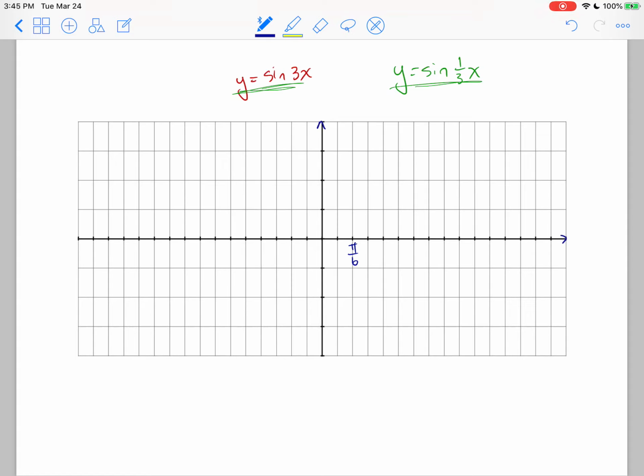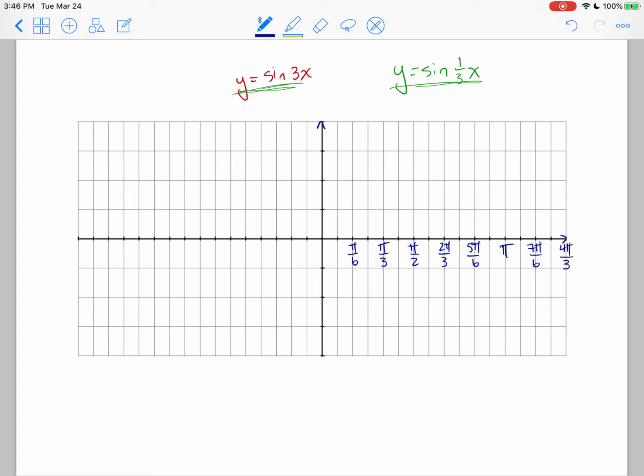pi over 6. So pi over 6, 2 pi over 6 is pi over 3. 3 pi over 6 is pi over 2. 4 pi over 6 is 2 pi over 3. And then 5 pi over 6 is 5 pi over 6. And then 6 pi over 6 gives me pi. Then we have 7 pi over 6, and we have 8 pi over 6, which is 4 pi over 3.